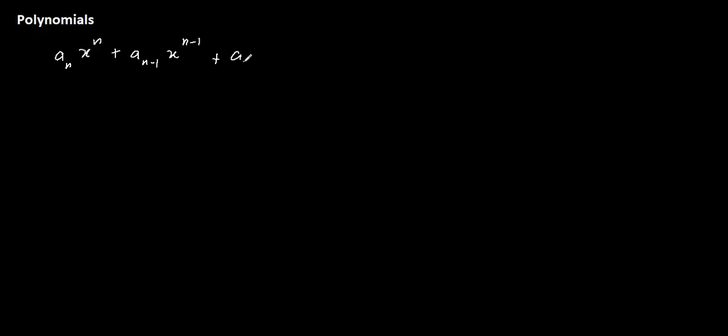Plus a_(n-2) x to the n minus 2, and so on until we get a_1 x to the 1, but x to the 1 is just x, plus a_0. This is our constant term because it's multiplied by x to the 0, which is just 1, so it's just a_0.